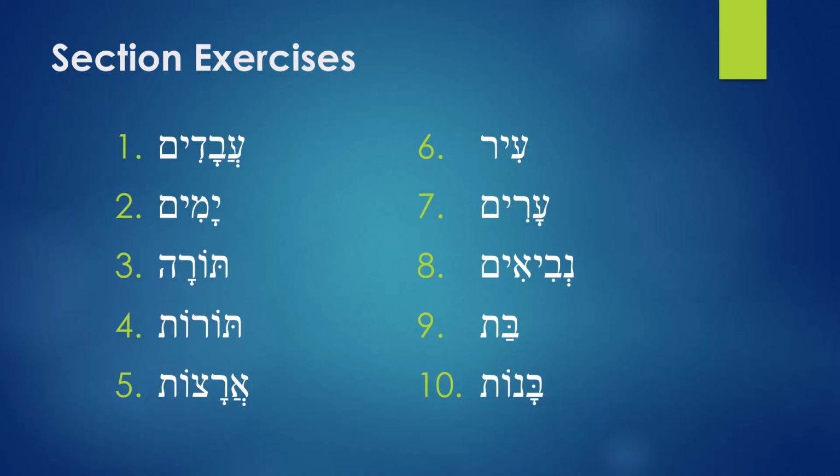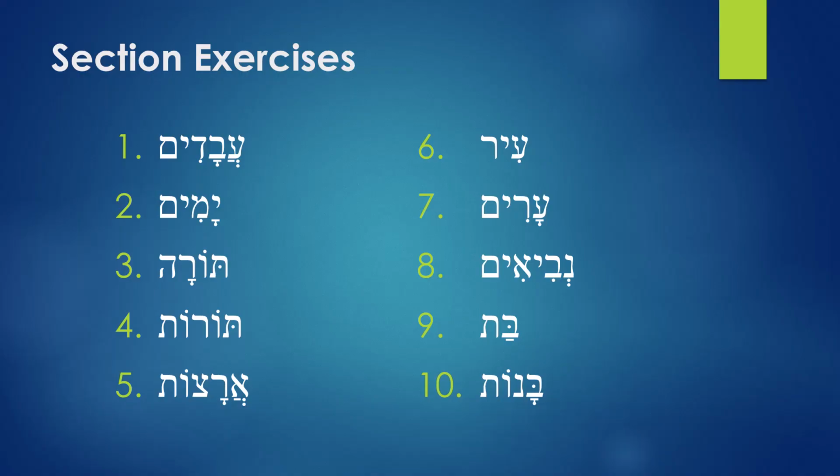Word number 7, you have the word arim. And by looking at that im, you're almost saying this is masculine plural. But this word is not masculine plural, it's feminine plural. You'll be wondering, why is that feminine plural? Because the word arim is coming from the word ir, it is a plural form of the word ir. Ir means city.